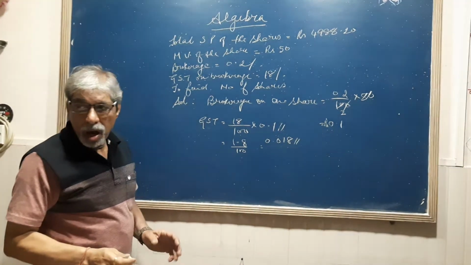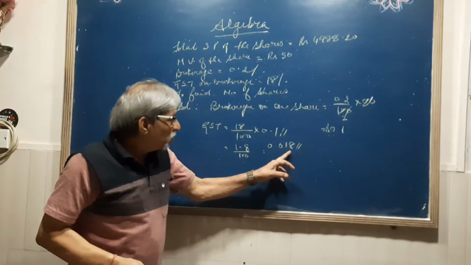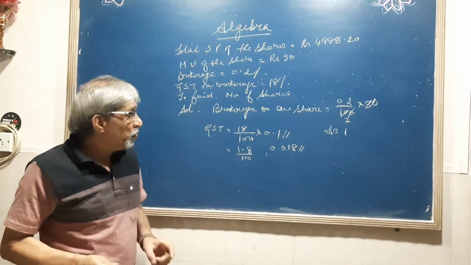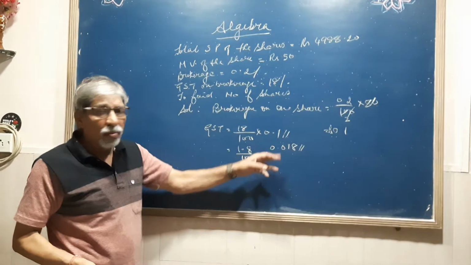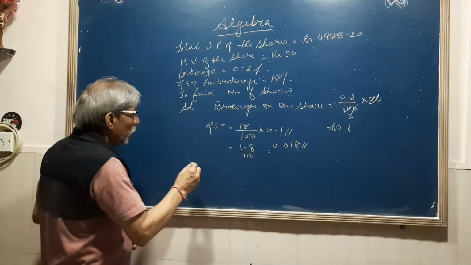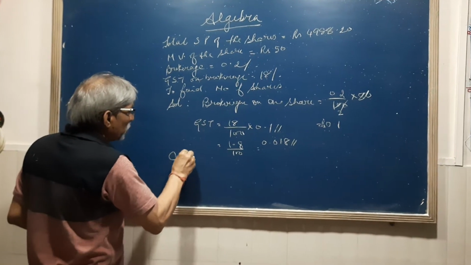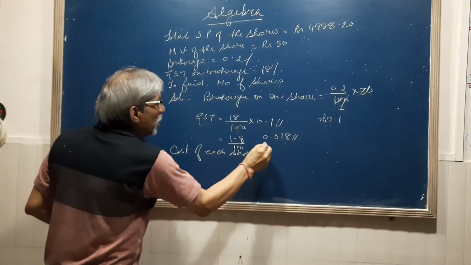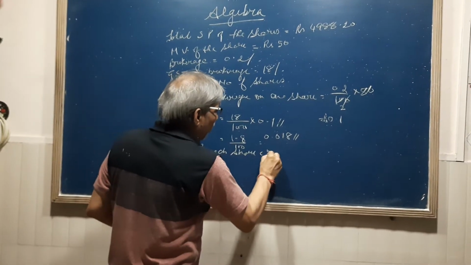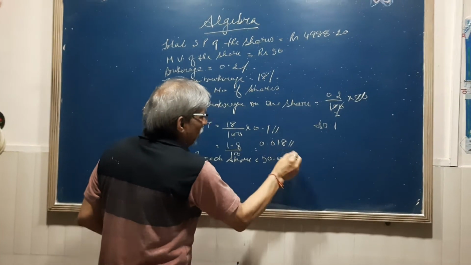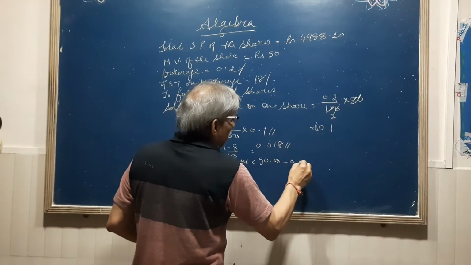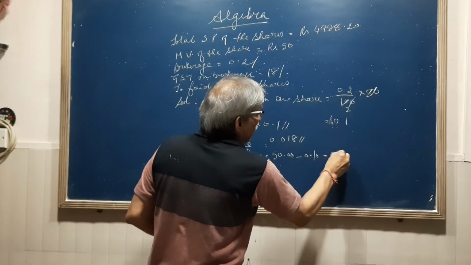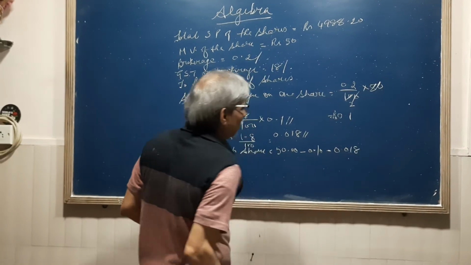So this is the GST paid and this is the brokerage fee. That means on each share, this will be deducted from Mrs. Desai's sale value. So the cost of each share is equal to 50 minus 0.10 minus 0.018.